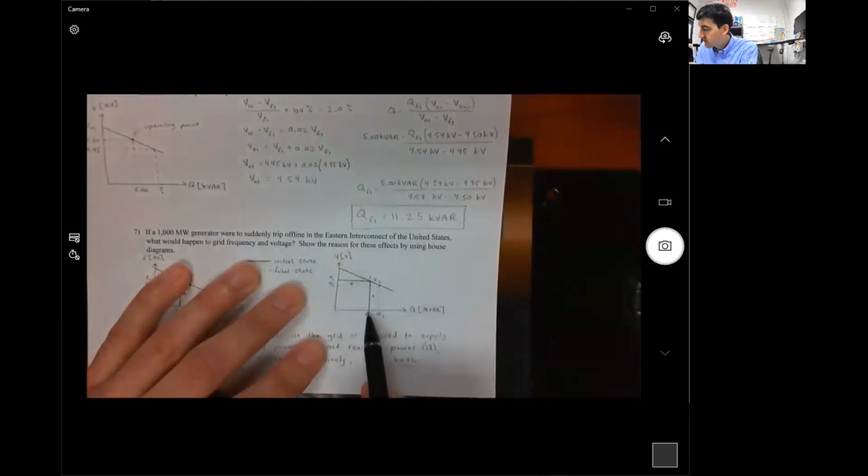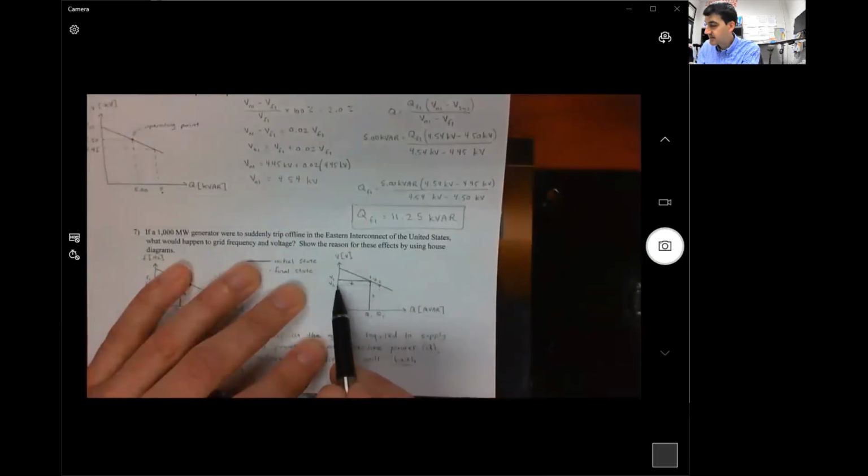And so we're shifting from Q1 to Q2 on the curve. When I shift from point 1 to point 2, you can see that the new voltage, V2, is less than the initial voltage, V1.